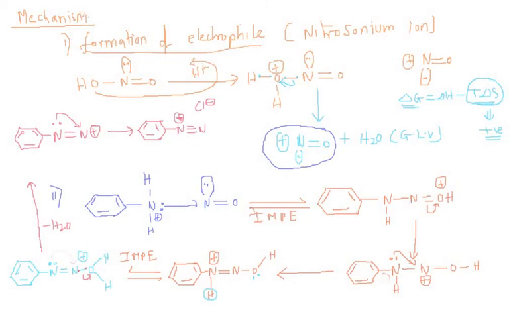Now I would like to tell you a very important concept related to diazotization: during the reaction, temperature is a very important criterion. It should be maintained between 0 to 5 degrees Celsius, because in the diazonium salt this N triple bond N positive is a very good leaving group.